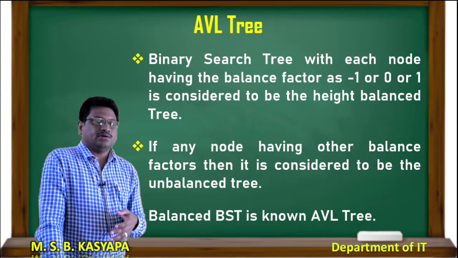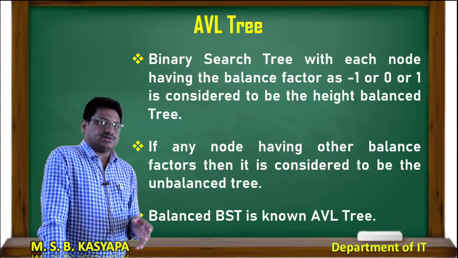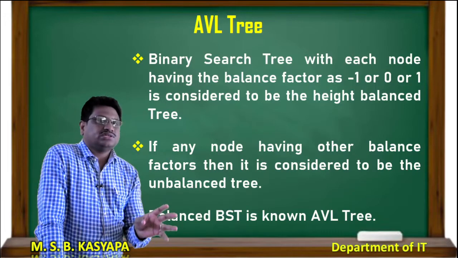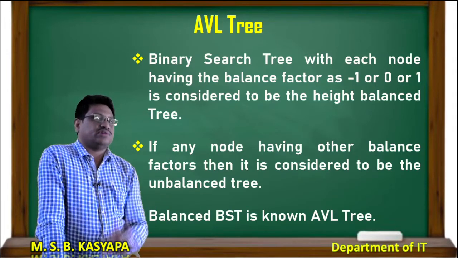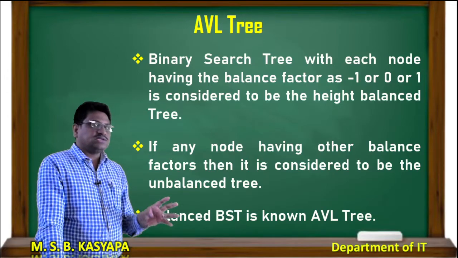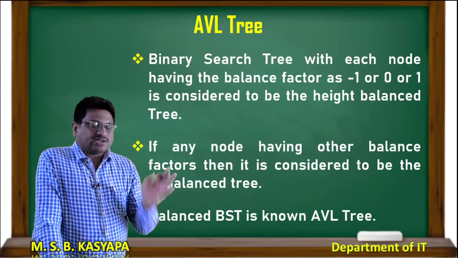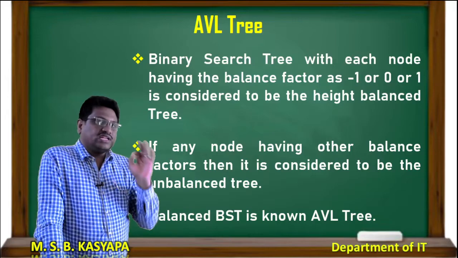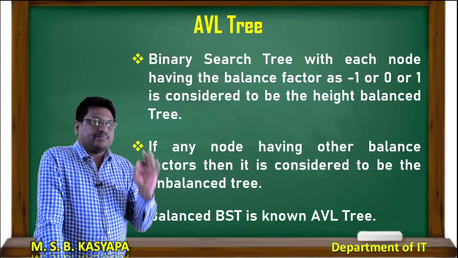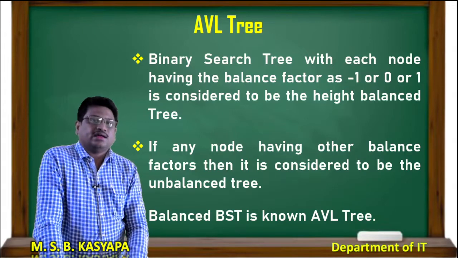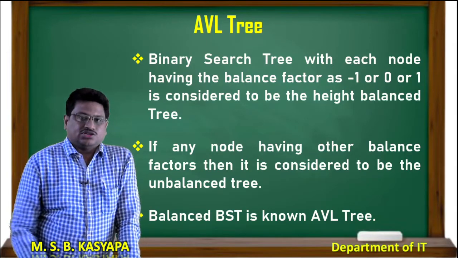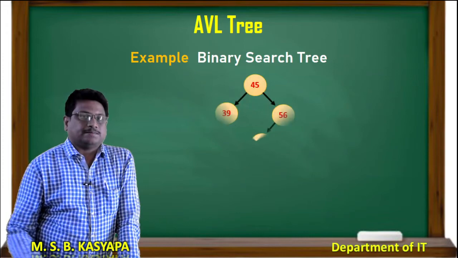So the balanced BST is nothing but the AVL tree, and unbalanced means it is not an AVL tree. If the balance factor of a node is beyond -1, 0 or 1, then it is not a balanced tree.